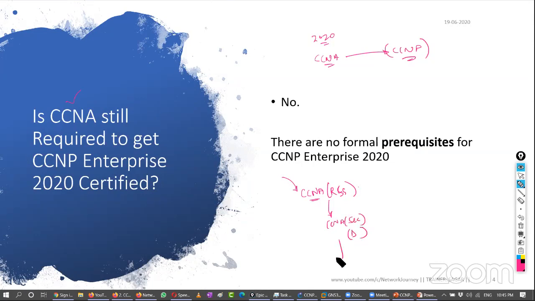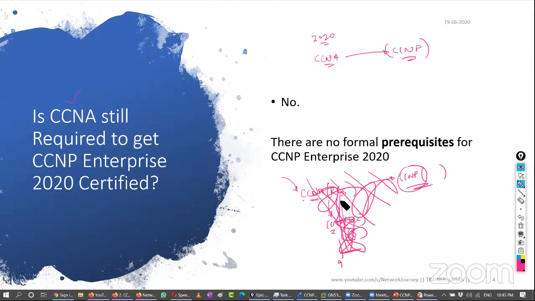There were nine different tracks in CCNA, and then we were supposed to move on towards CCNP, the professional track. But now this is being taken down. CCNA routing and switching and these tracks are all taken out, and we can directly enroll for the CCNP, called CCNP Enterprise. There is no prerequisite of having a CCNA certification before moving to CCNP. Nowadays, you can directly go towards the CCNP.